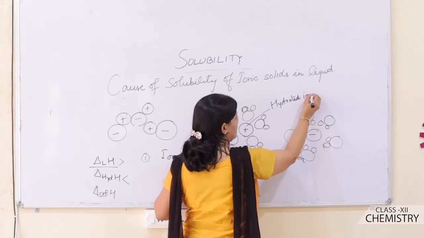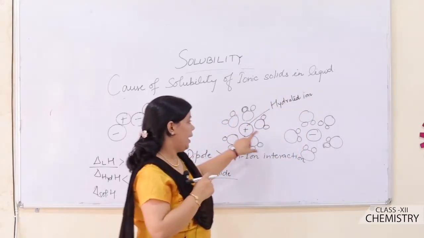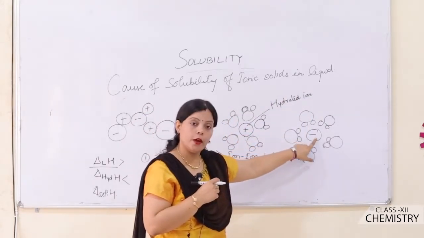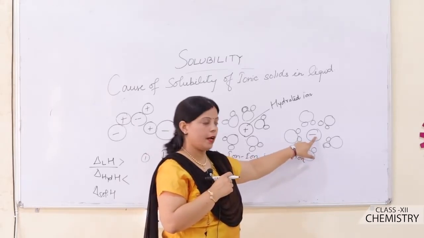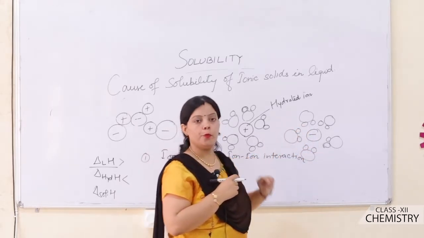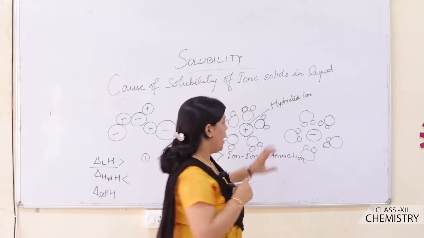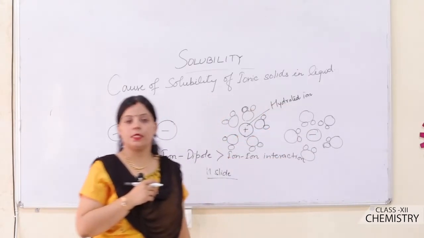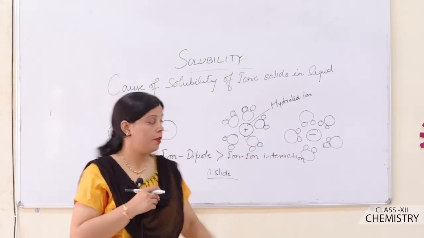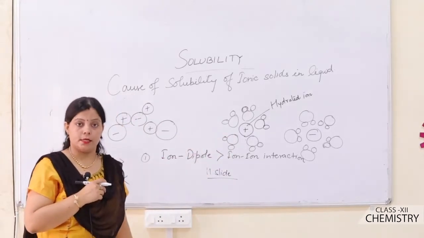Similarly, this is the negative ion, and this negative ion gets attracted by the positive pole of the water dipole. Overall, this process is named the hydration of ionic solids.